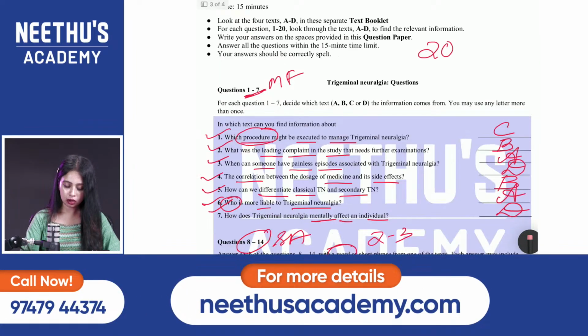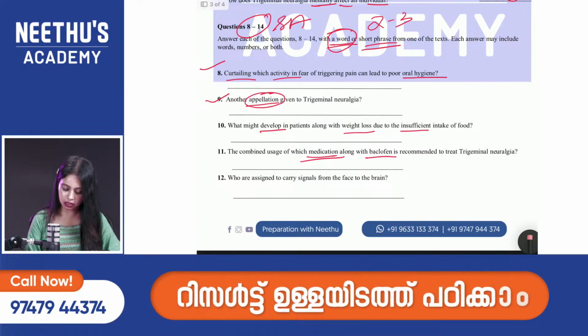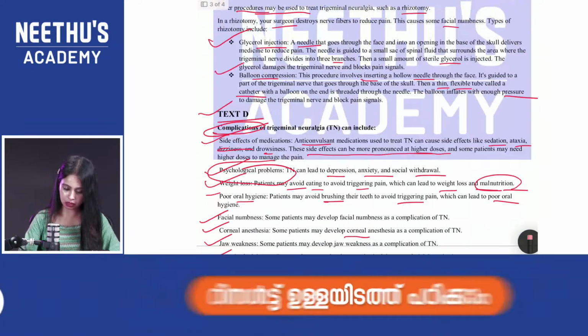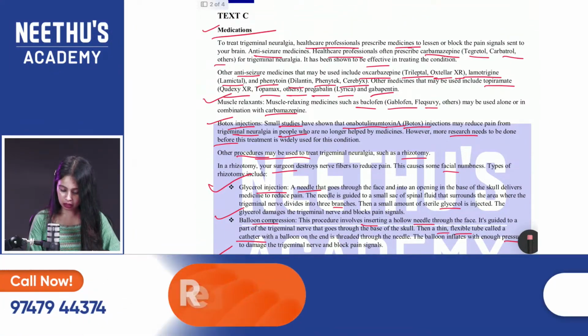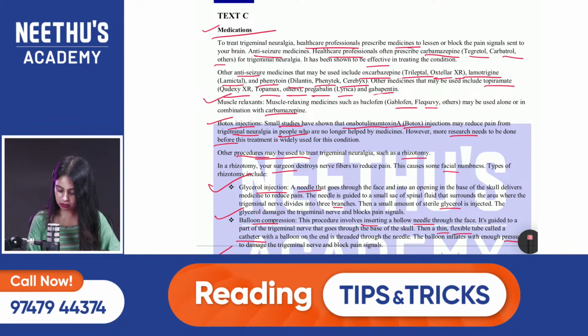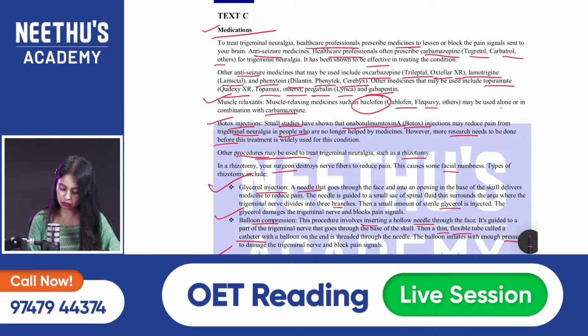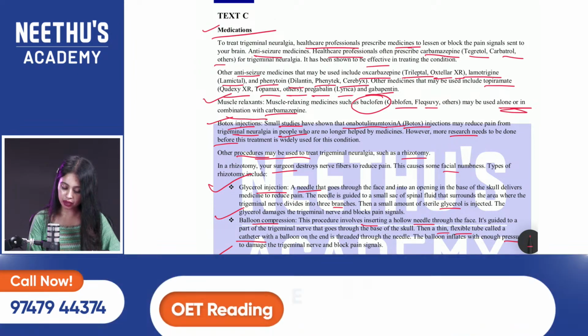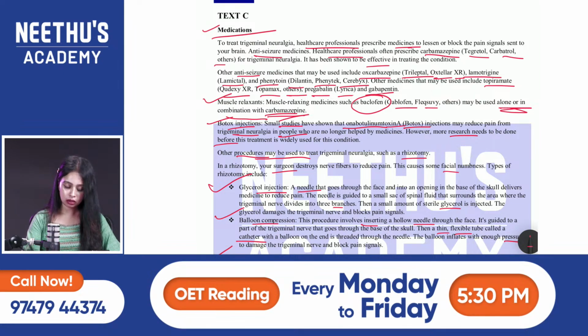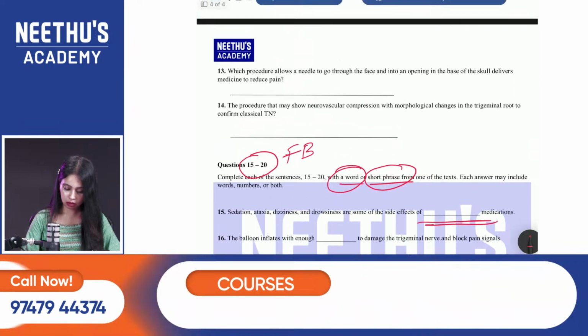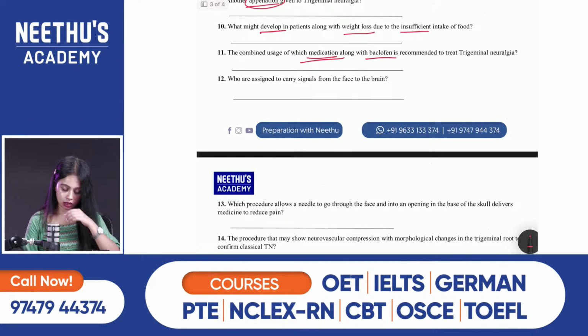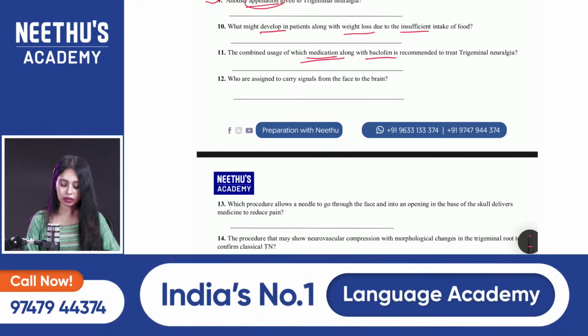That is the name of the medicine mentioned in text C. A very direct answer: baclofen, the medicine is mentioned here. So along with baclofen, what is used? In combination with carbamazepine. Yes, Alina, Dilu, Monita. It's the correct answer.